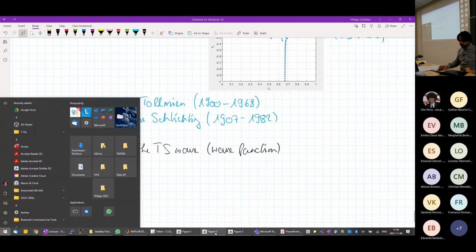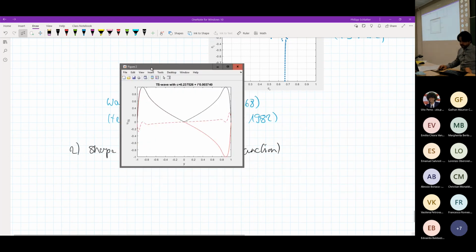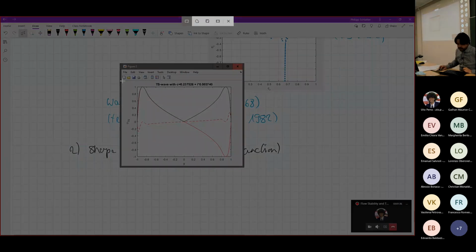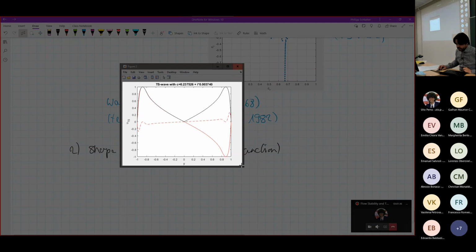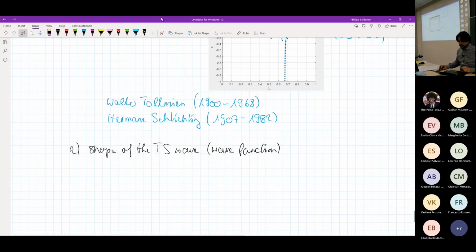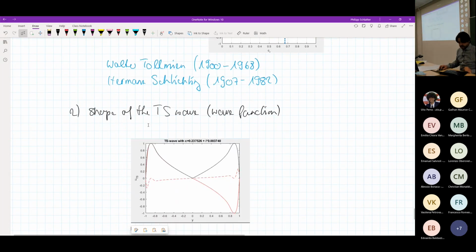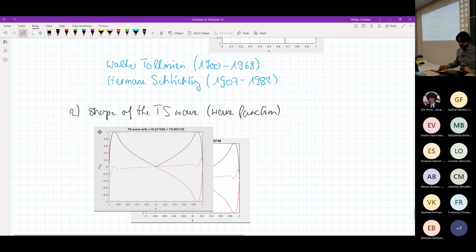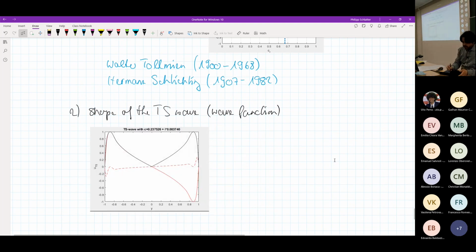And this we can also get from the eigenvalue solver that I provide you. That's this one here. This is the second type of result, where it shows as a function of the vertical distance how the amplitude of the velocity changes across the channel.